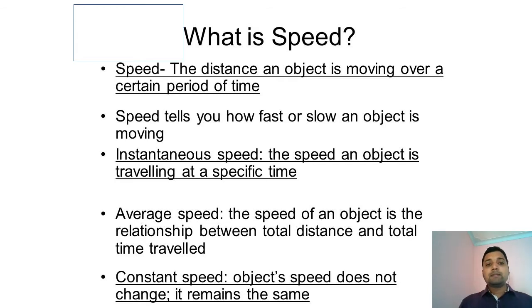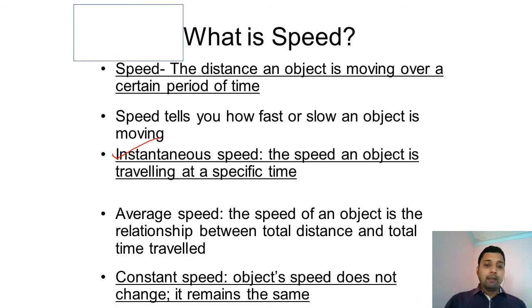Another one, here you can see instantaneous speed. Instantaneous speed means the speed of the body at a particular instant, at a particular point. When a body is moving from one point to another, at any point, at any time, how much the speed of the body is, that is instantaneous speed.